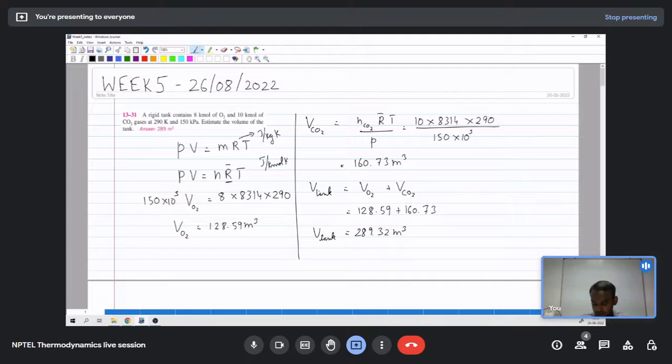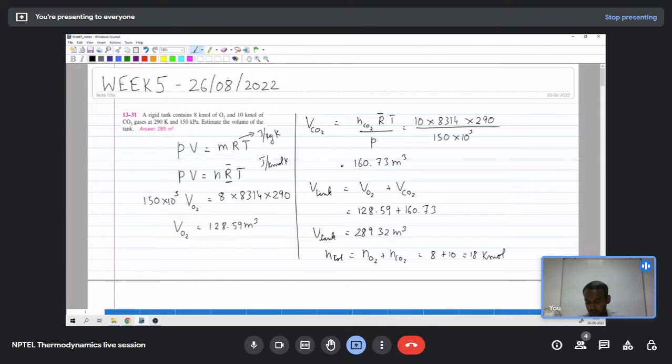Since the pressure and temperature are the same, I can also say that the total number of moles in the tank is given by the number of moles of oxygen plus the number of moles of carbon dioxide, which is 8 plus 10, that is 18 kilomoles.